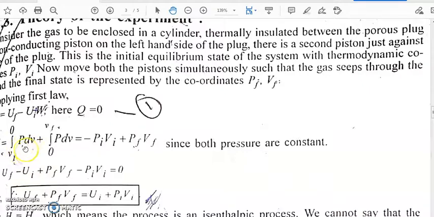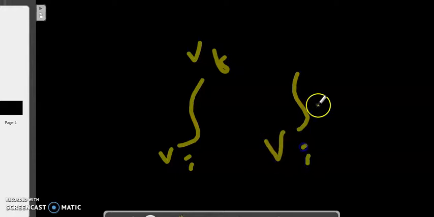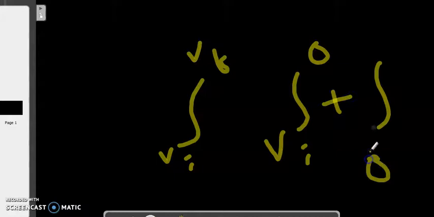We know that W means the integral of P dV, so we have to integrate it. How do we do the integration? We do it in two parts. This is the initial volume Vi and this is the final volume Vf. If you write the integration like this, from Vi to Vf, we can break the integration: Vi to 0, and again the second part, 0 to Vf. This is a property of integration; we can divide it into two parts.